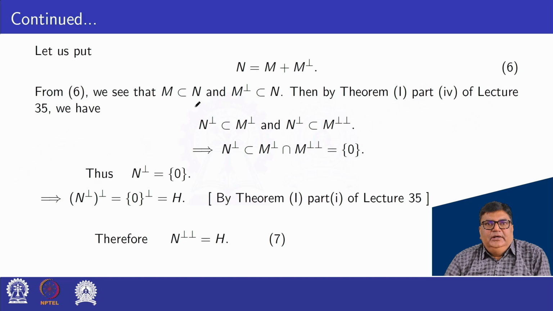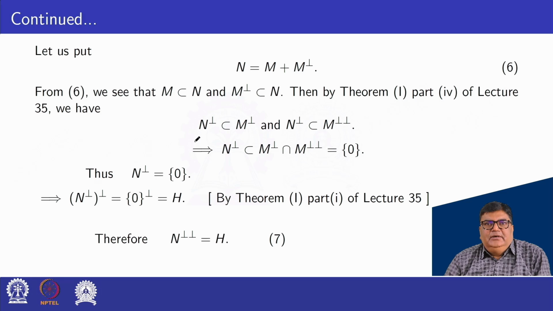Because M is a proper subset of N, N perpendicular is a proper subset of M perpendicular. This is already proved in the theorem of lecture 35. Also, as per this result, N perpendicular is a proper subset of M double perpendicular.